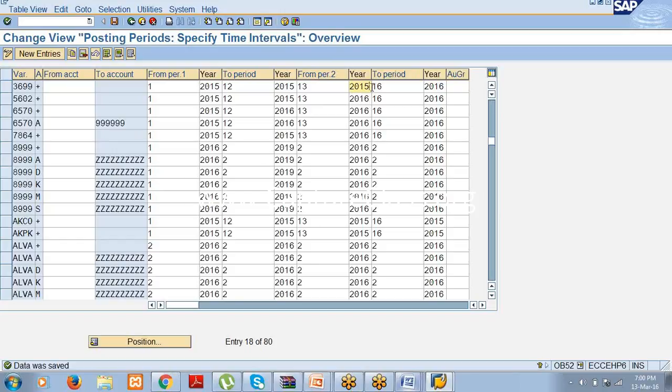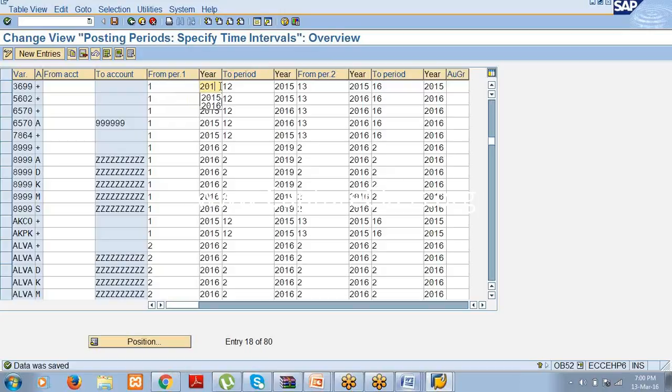Click on save. Like that, we open all the 12 periods in the case of Indian companies. Suppose you want to open only the current period, March 2016. According to your fiscal year variant V3, April to March, March 2016 is the 12th period, right? That's why in that case, you enter from period 12, year 2015 to period 12. That's it. That's how you have to do it in the case of Indian companies.